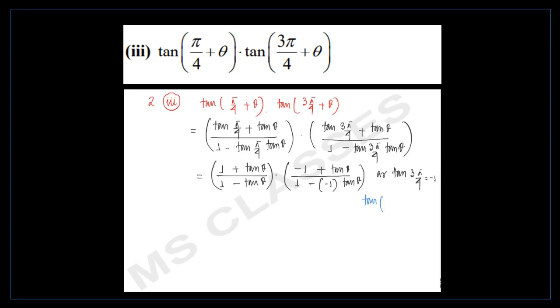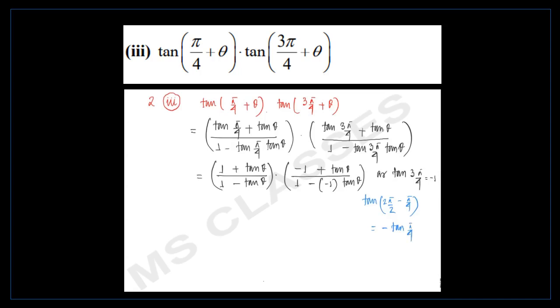Tan 3 pi by 4 can be written as pi minus pi by 4, that is 2 into pi by 4. Now with 2, tan will remain as tan, so tan pi by 4. Now there is a minus in front. Why?